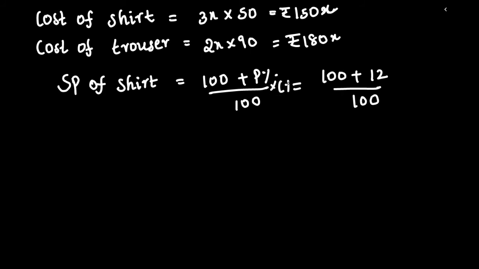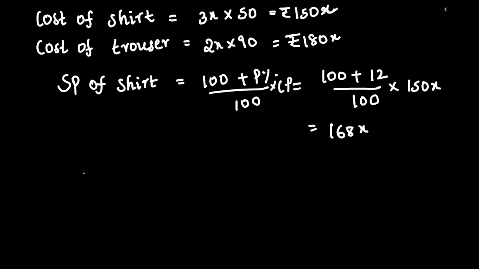Never forget CP. Here CP is 150x, the cost price of the shirt. If you simplify (100 plus 12) by 100 into 150x, we get 168x.